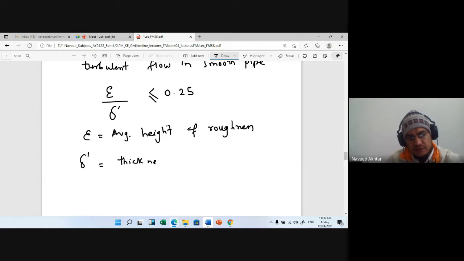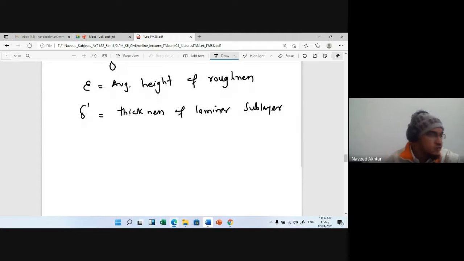Thickness of laminar sublayer you studied in Moody's equation in unit number 3, and its value is given by 11.6 nu upon u star. And nu is nothing but kinematic viscosity.